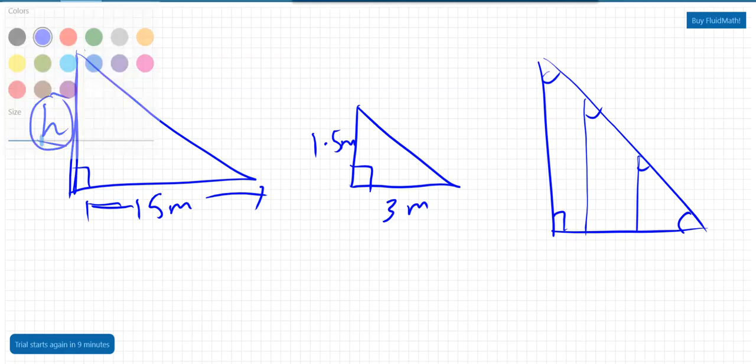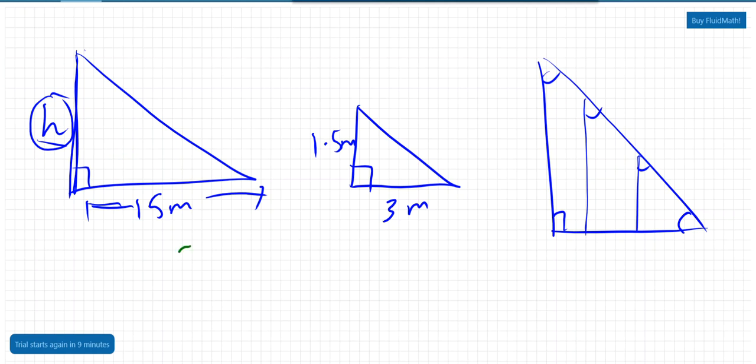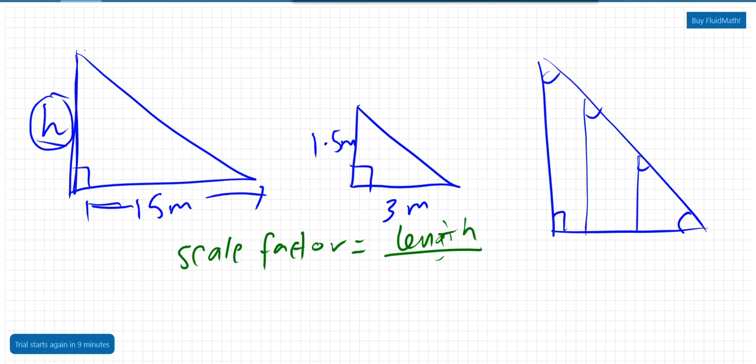Okay, so here are my two triangles now, separately. I can see it clearly. Now, the scale factor, if you remember, is equal to a length over another length, but it has to be the original. Okay?